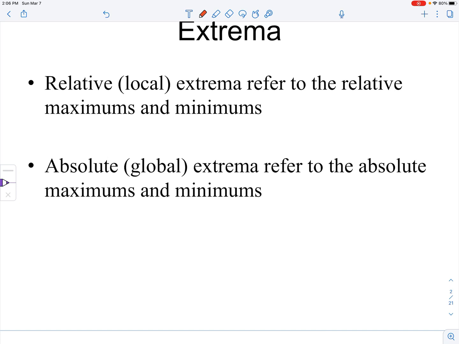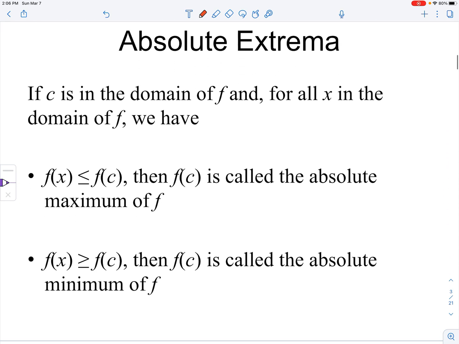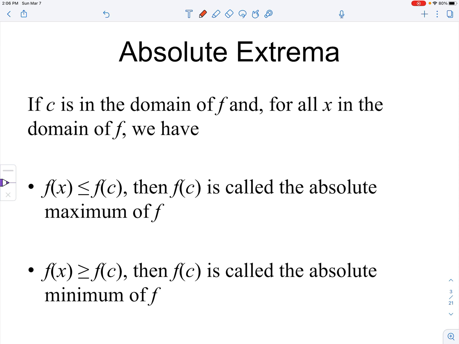Relative or local extrema refer to the largest or the smallest value in that neighborhood of the function, if you could create an open interval around the point, allowing the graph to change from increasing to decreasing or decreasing to increasing. But when we're talking about absolute extrema, we're talking about the very largest value of the function and the very smallest value of the function.